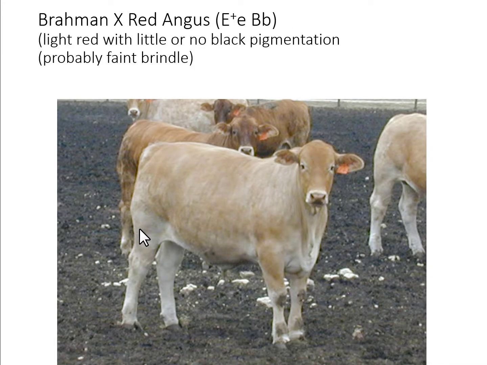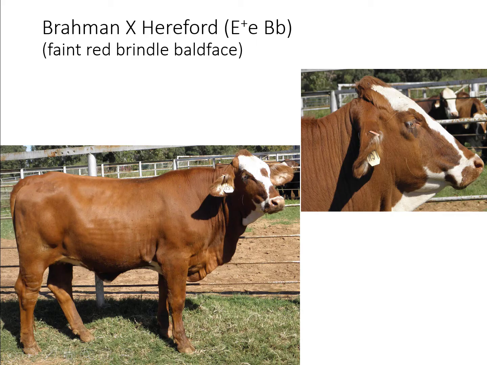And here we have a faint brindle. If you look very closely at the coat pattern, you can see the brindle pattern coming through. And we also have little or no black pigmentation on the nose, the feet, and the tail. Here again, this is a very faint red brindle with a bald face.